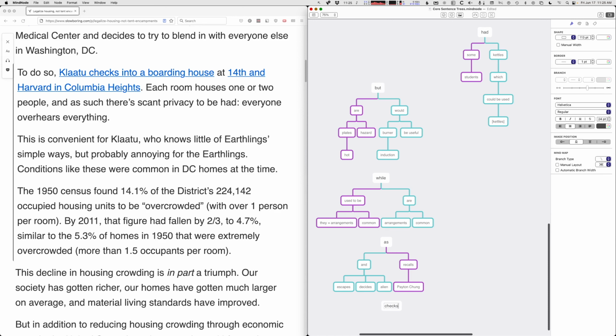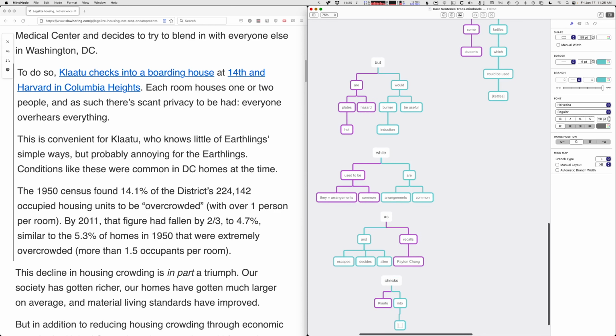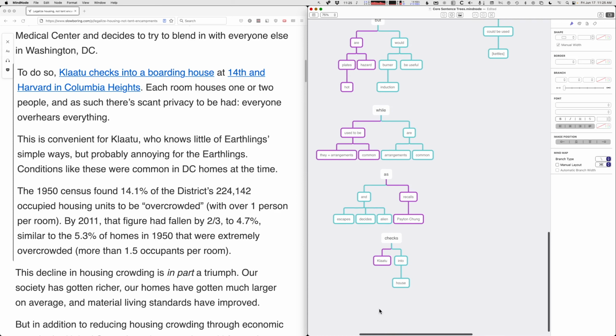So we have checked and Klaatu. And what does he check? It's going to be into house. And we're done. Sometimes these core sentence things are really short. Even the into house could be left out if you wanted to.